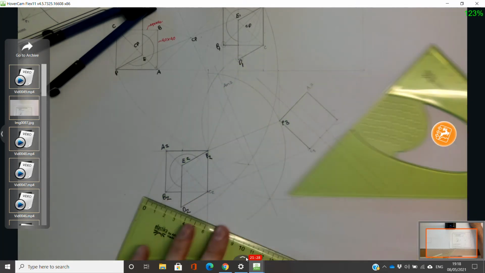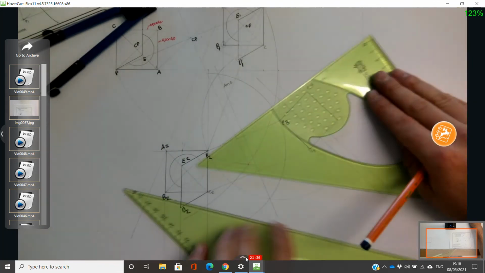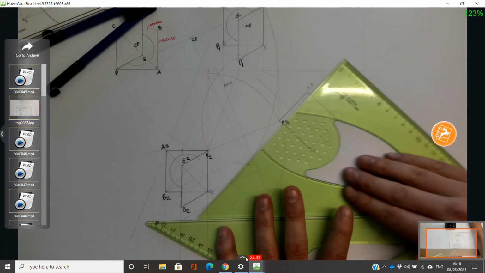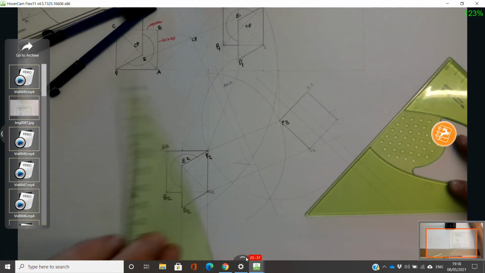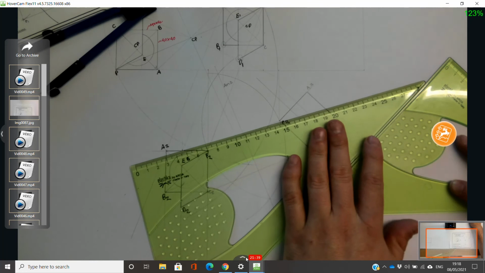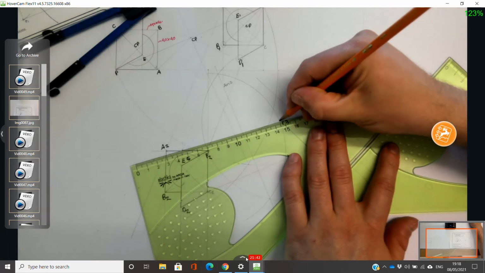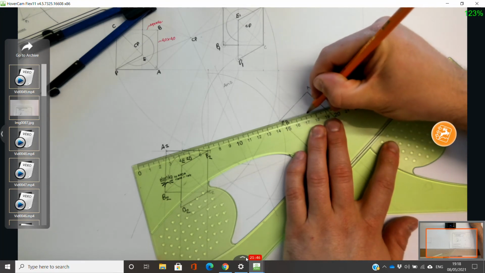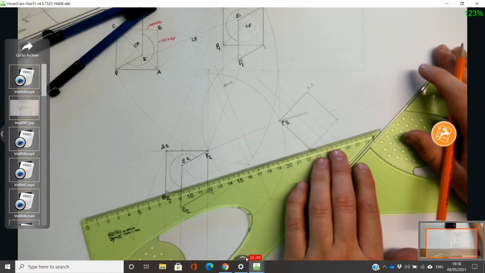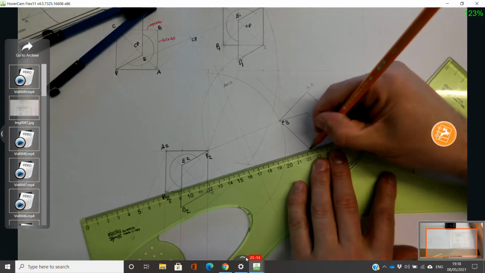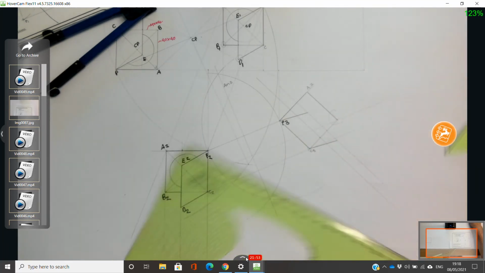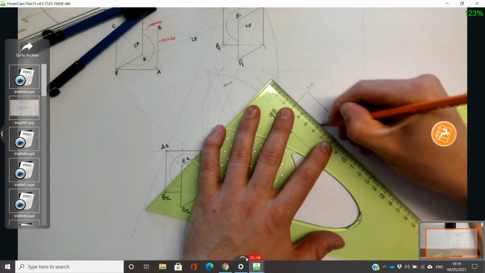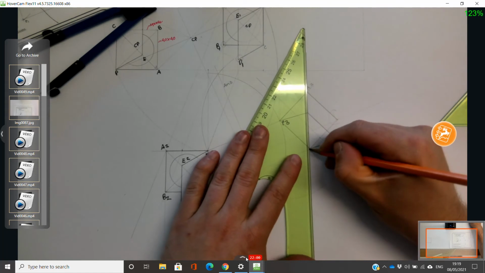So there's my 15 millimeters there. Then we can join the diagonals again.